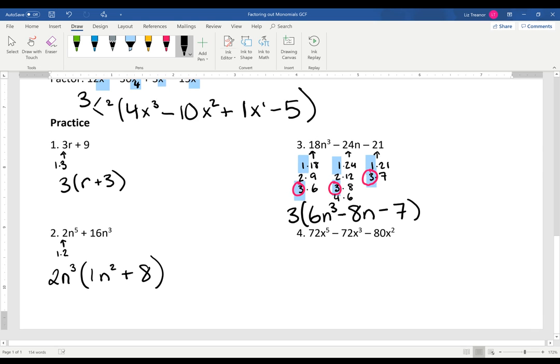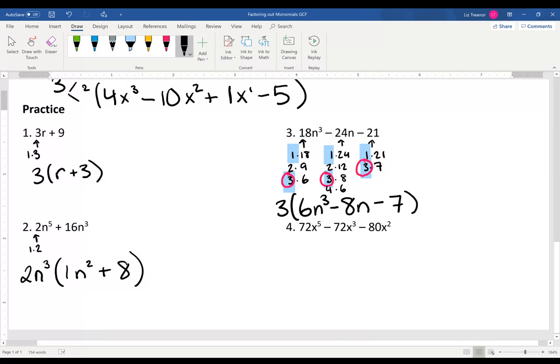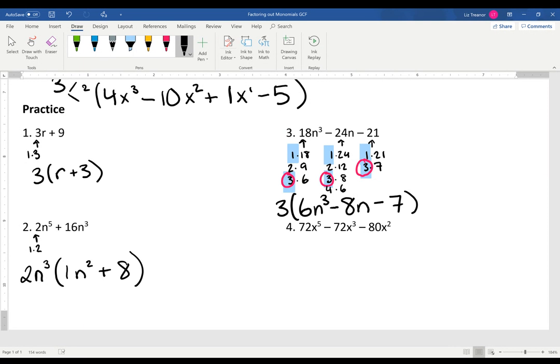And let's do one more example. These are also quite large numbers, so do exactly like what I did in number 3. List out all the factors if you need to. However, looking at this, I know that 8 and 10 are factors of 80 pretty quickly, right?